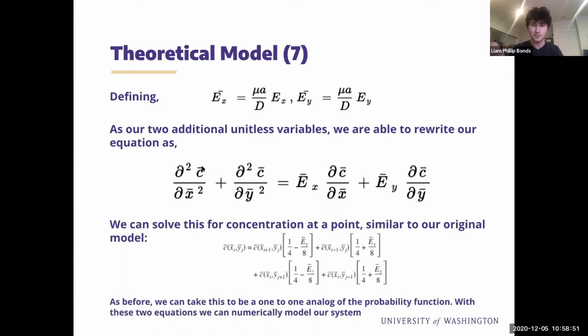It becomes this differential equation here, which can be easily solved, or not so easily solved, but they solved it into an equation for concentration as before, but now with an electric force. Using this, you could numerically model and simulate most of our system's conditions. We don't do that, but we wanted to demonstrate how it would be done.